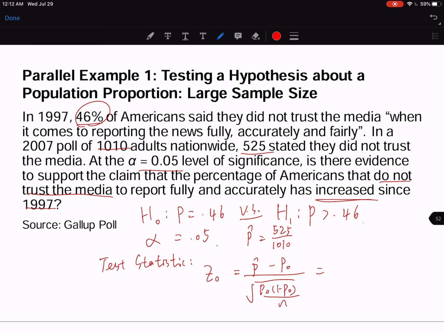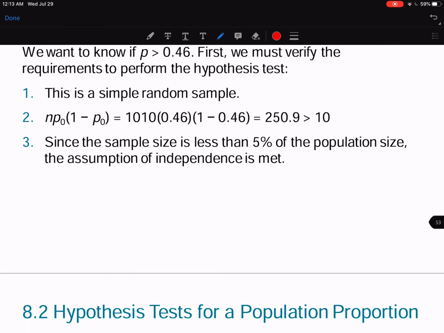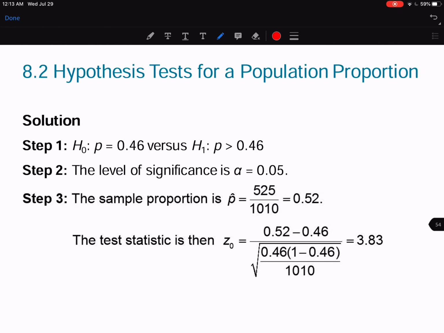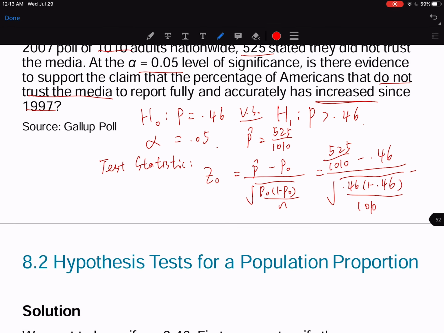And we know p hat is 525 over 1010 minus p sub 0, which is 0.46, divided by the square root of 0.46 times 1 minus 0.46, divided by n. What is n? N is the sample size, which is 1010, right? Of course, you type the whole thing in your calculator, and this would be equal to 3.83. Okay, I just copied the answer from the solution.